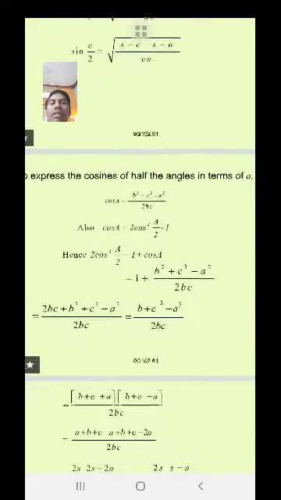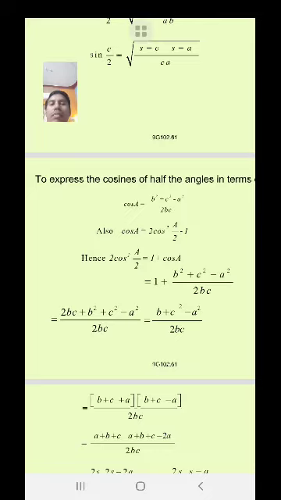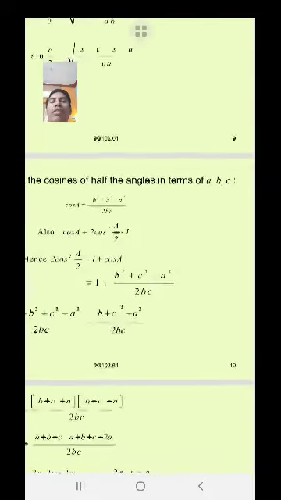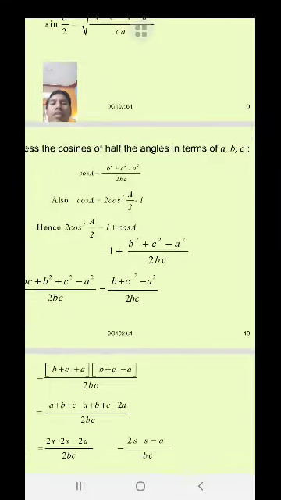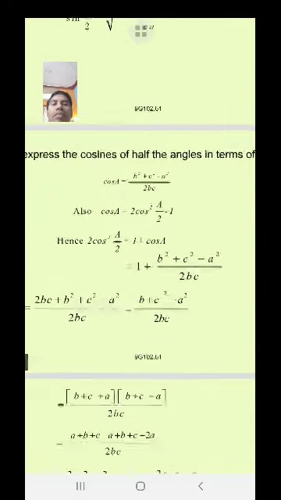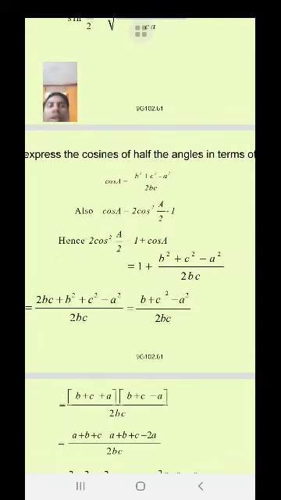Next, to express the cosines of half the angles in terms of a, b, c. So how do we express them? Given cos A, from the cosine rule we know it equals (b square plus c square minus a square) by 2bc.